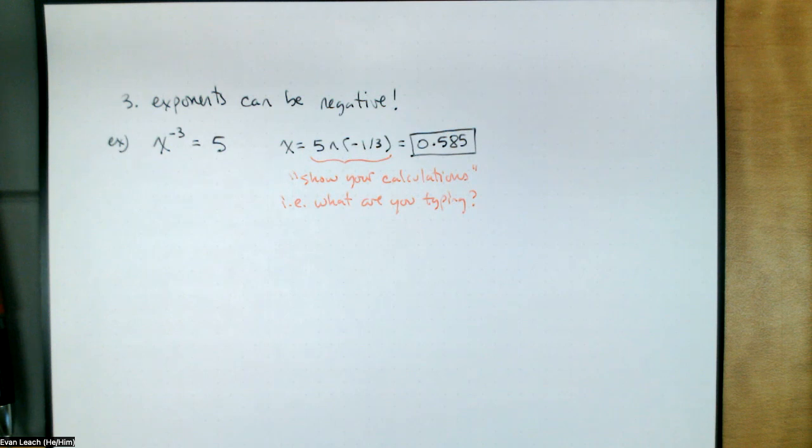Usually in the solving equations department, I'll ask you to round your answer to the nearest 1,000. That is the third decimal place to the right of the decimal point.